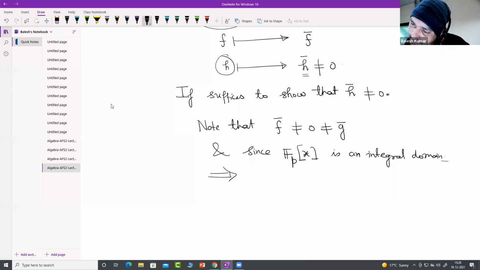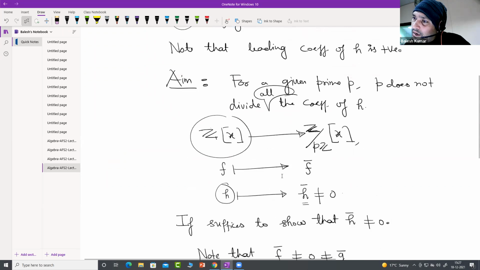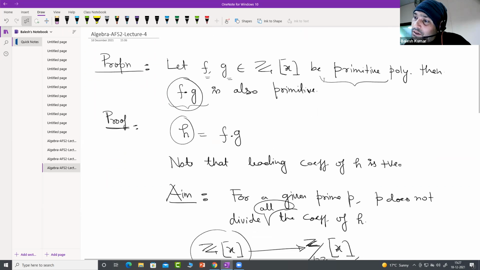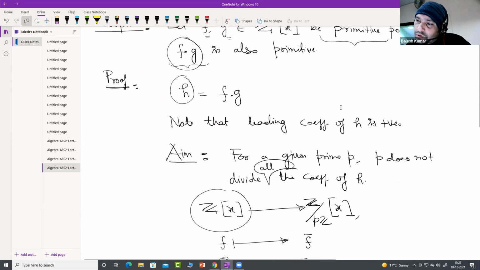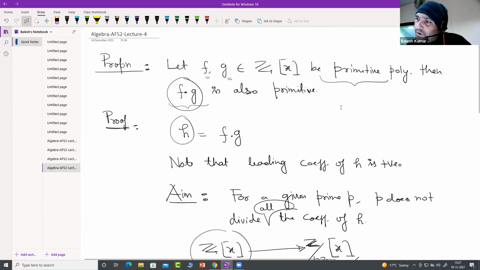So this implies that f bar times g bar is actually h bar, because this substitution is a ring homomorphism, so this is not equal to 0, and hence we are done. Therefore, primitiveness has an important property that it is closed under multiplication. This is an important thing that we will be using.